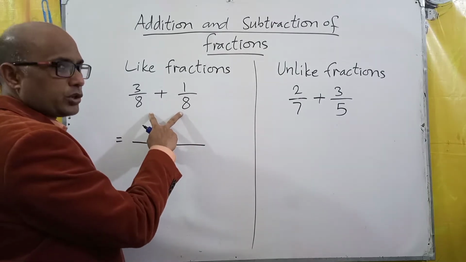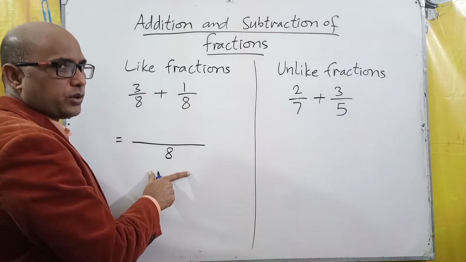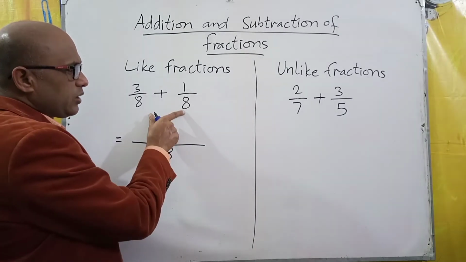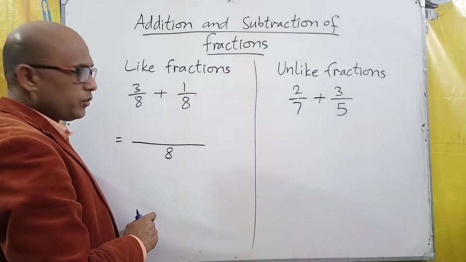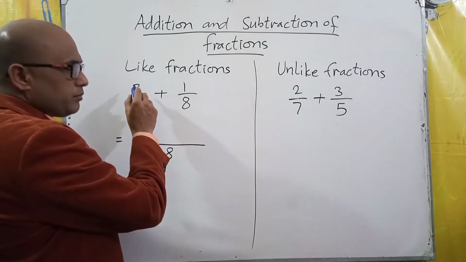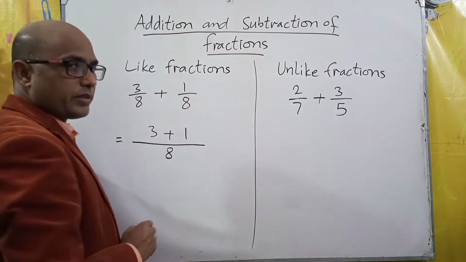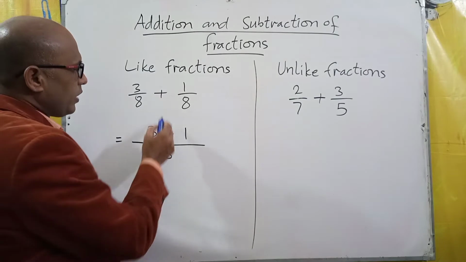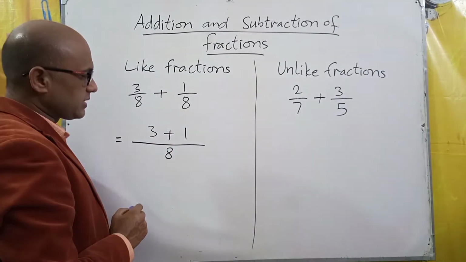If both of them have same denominator, this is how to add them. We'll write denominator once under that overline, and both the numerators will be written along with the sign written between these fractions.